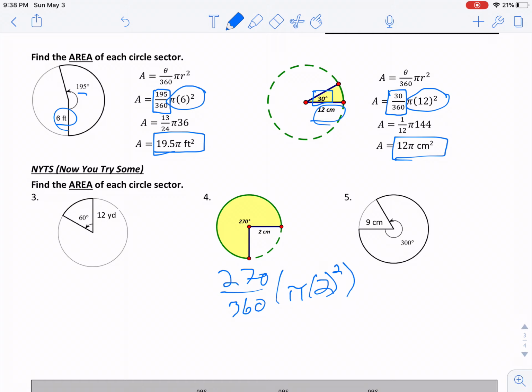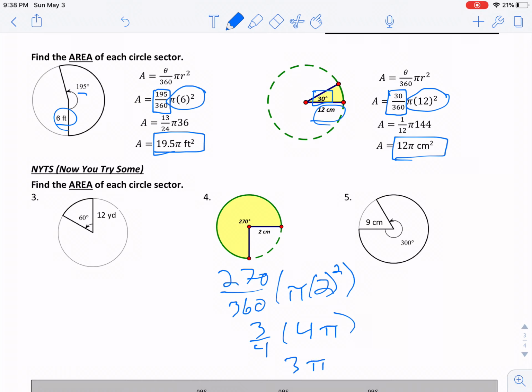And we'll just multiply and reduce that. 270 over 360 simplifies to 3 over 4, or 0.75, times 2 squared is 4. Then I have the pi. Multiply that out, I get 3 pi centimeters squared, because we're talking about area. On number 5, be careful.